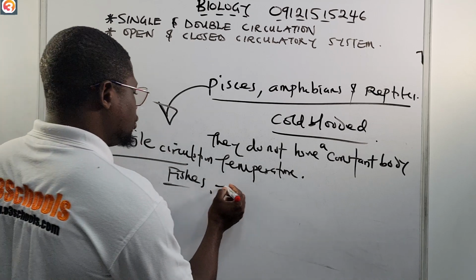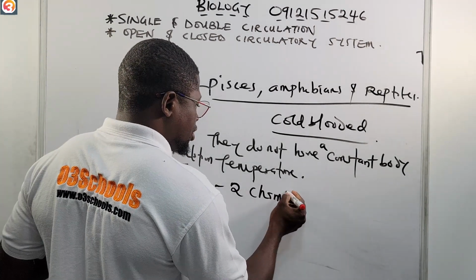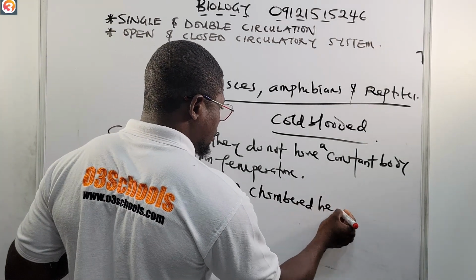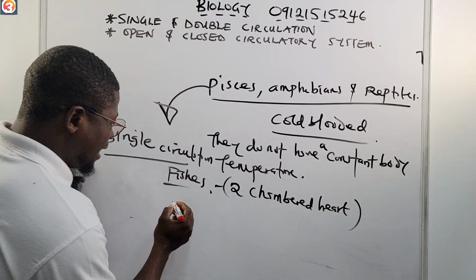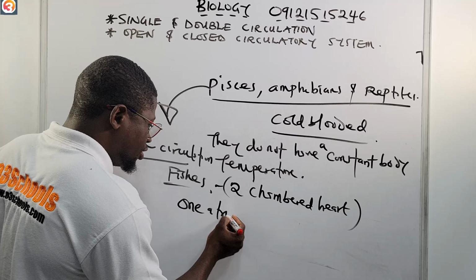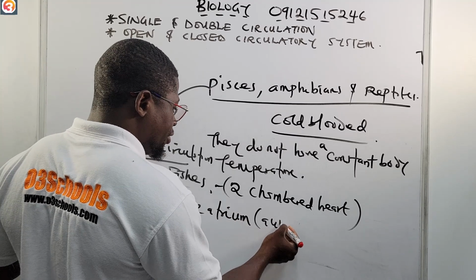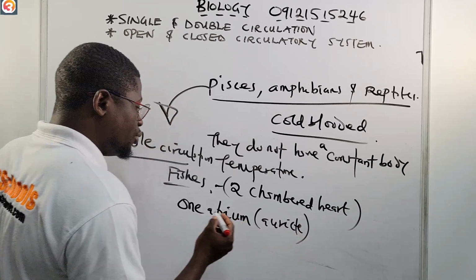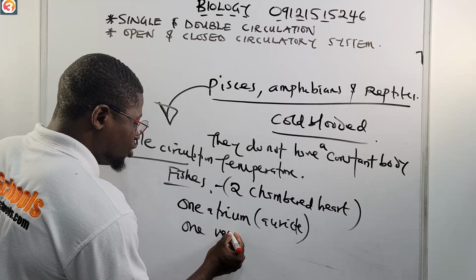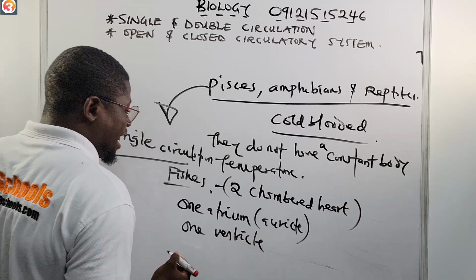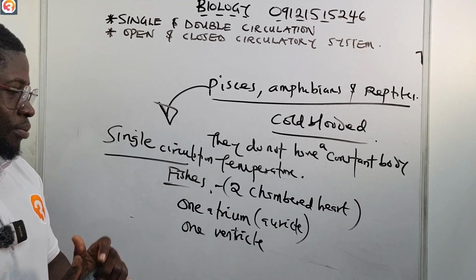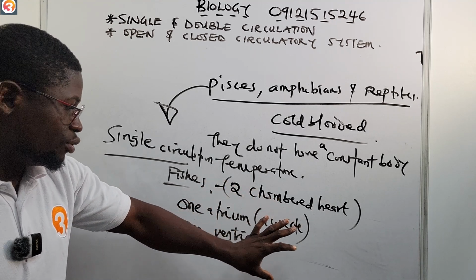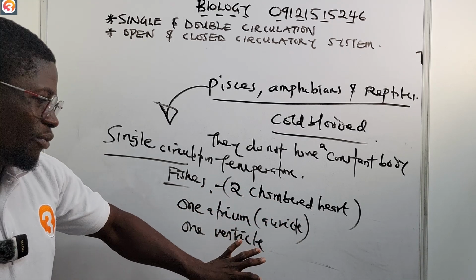They have one atrium, which we also call an auricle, and one ventricle.